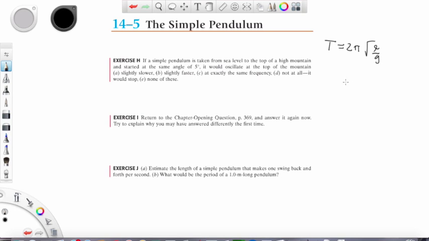As we go from sea level to the top of a mountain, we are further away from the center of the Earth, which means that our g would be less. Not much, but slightly. That means that the period would go up, so it takes a little bit longer for it to swing back and forth. So at the top of the mountain, it will oscillate slightly slower.